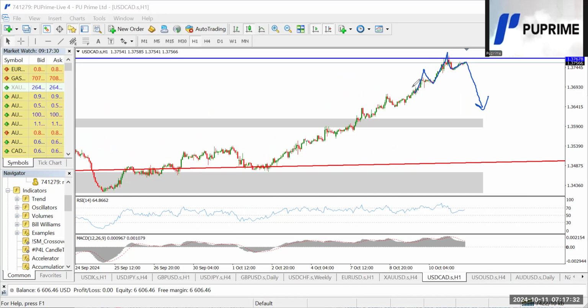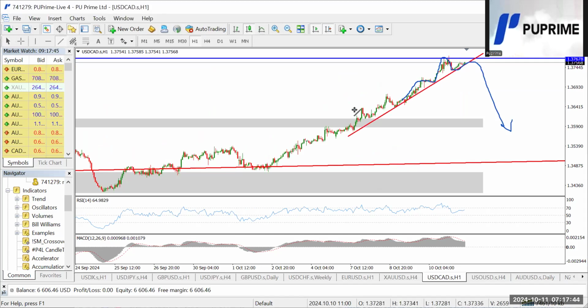Let me draw it properly. Shoulder, head, second shoulder, and a drop. Not only that, we also have our trend line drawn here and the second one at the back, giving us a rising wedge pattern. So I'll be looking out for a bearish breakout on the USD CAD in the course of today.